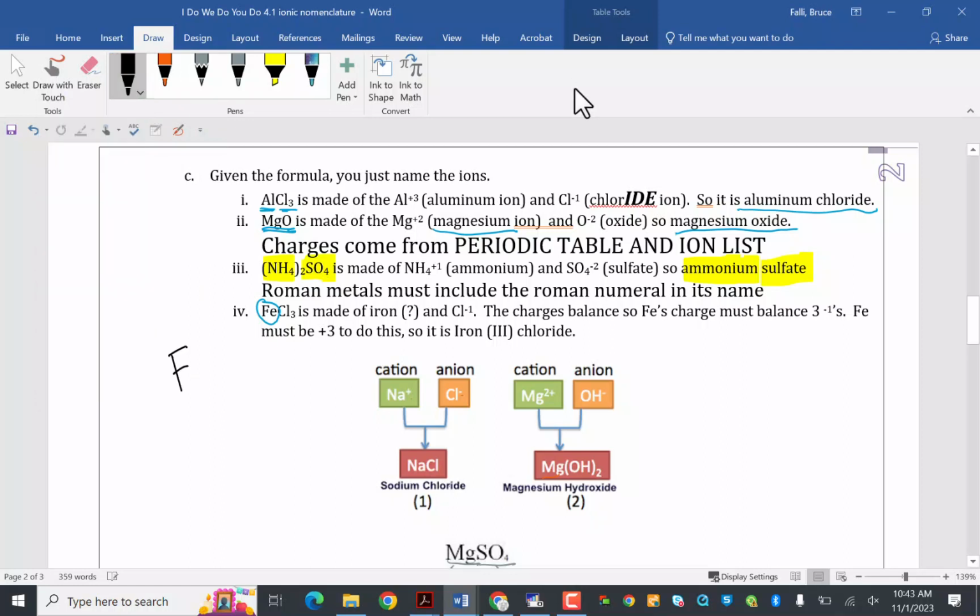So if it's Fe plus something, and I have 3 Cl minus 1s, iron has to cancel out a negative 3. So Fe is going to be plus 3, and Cl is minus 3. So then I have iron, what charge? 3 chloride. Okay.